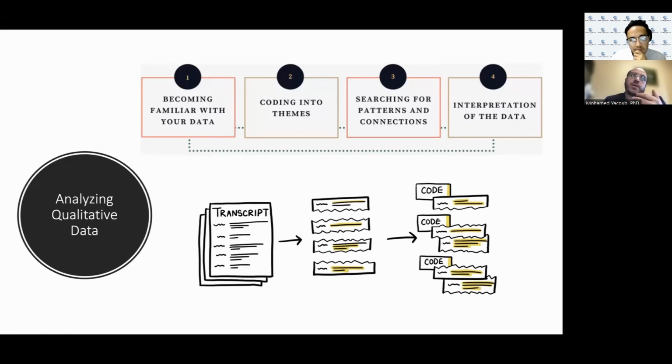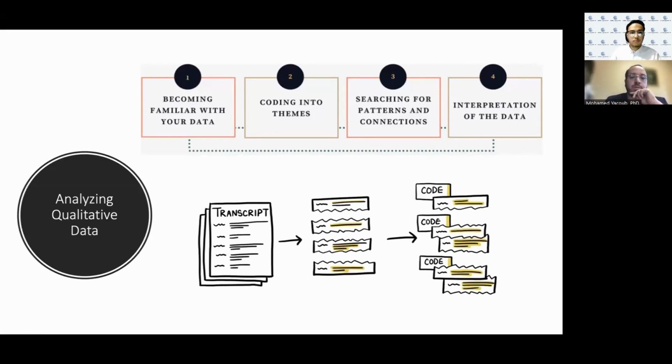Take the example that I gave you about working night shifts for medical doctors. You interview, let's say, 10 participants, and someone mentions something, and this same thing comes up in another interview. So you would highlight that. So that's one code.